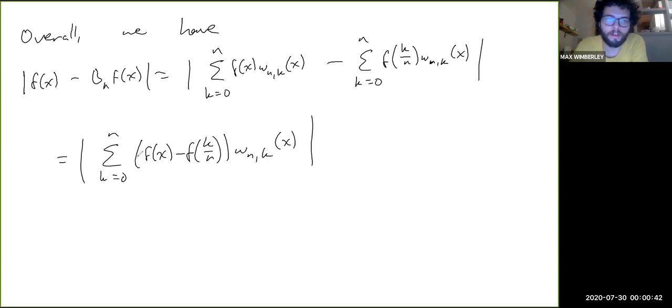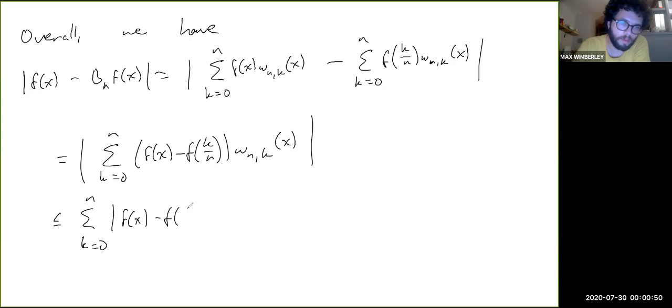Now let's use the triangle inequality. Then we have the absolute value of f of x minus f of k over n, times wnk of x.